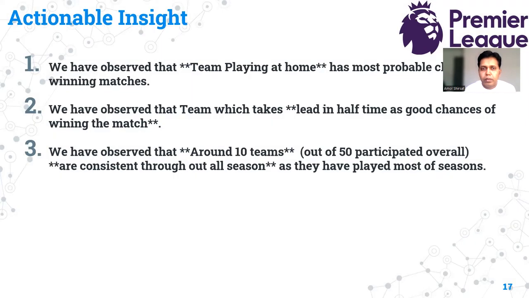Some actionable insights, apart from what I mentioned in each plot: the team playing at home has the most probable chance of winning matches. The second insight is that the team leading at halftime has good chances of winning the match, so the team which wins the halftime result most probably wins the full-time match.